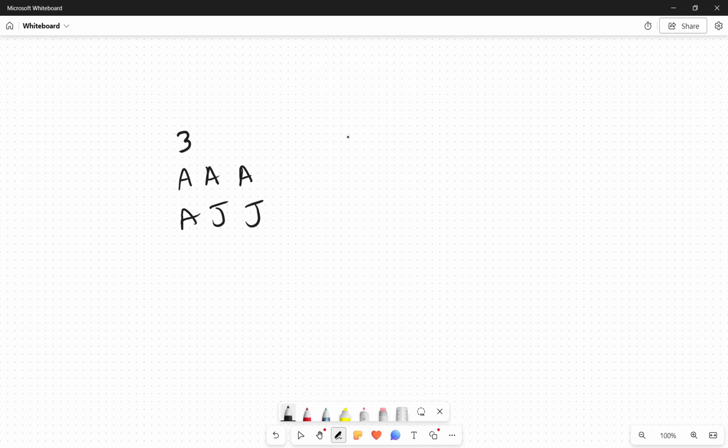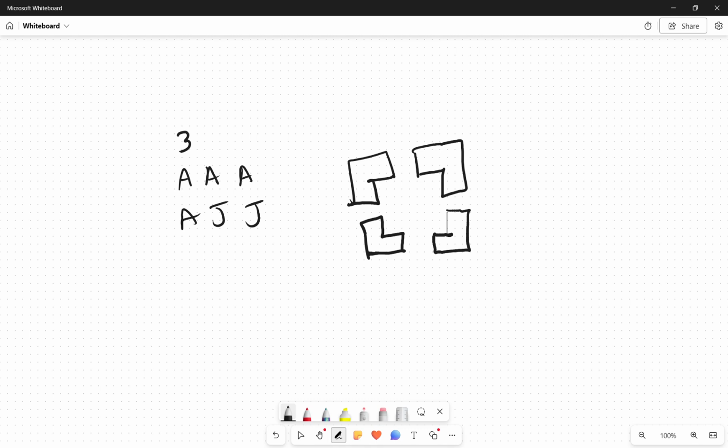We can observe that groups of 3 can be divided like this, like this, like this, or this. And we can also divide it into 3 rectangles this way.